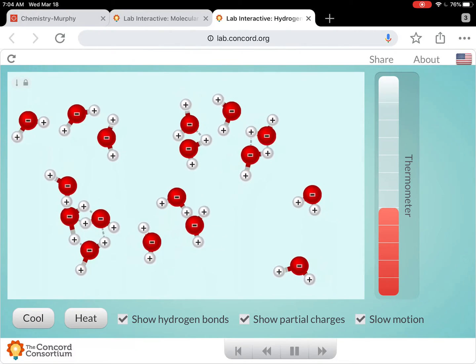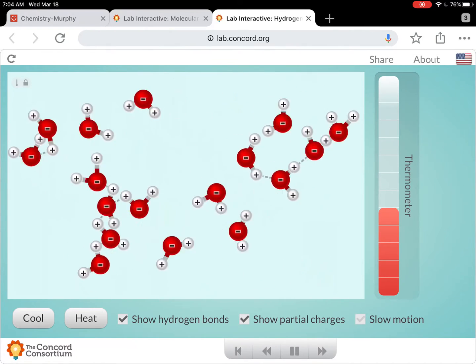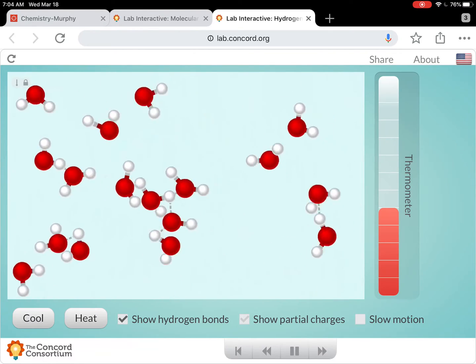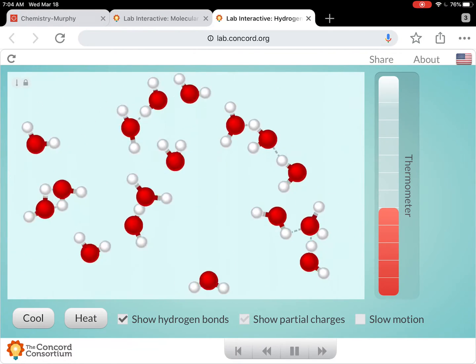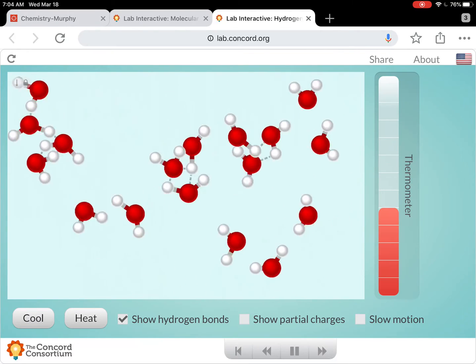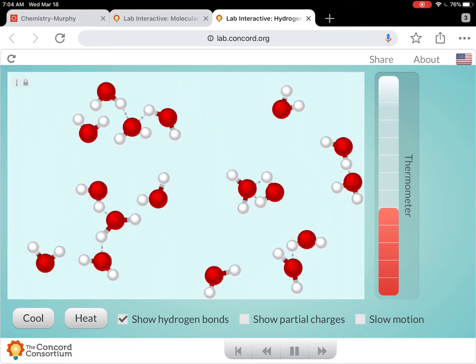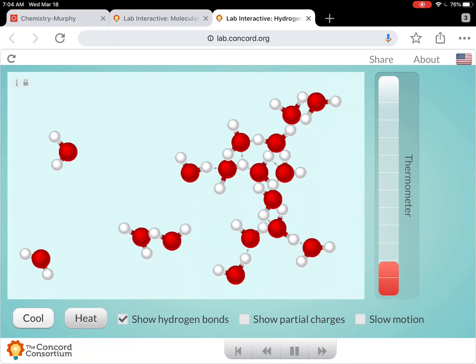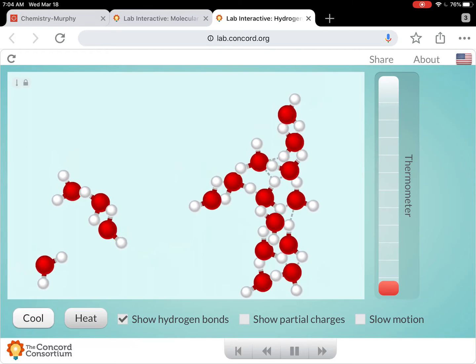So I'm going to go back, and I'm also going to show you what happens if I change this thermometer on the right-hand side. What happens if I remove the heat, because there is no such thing as cold.